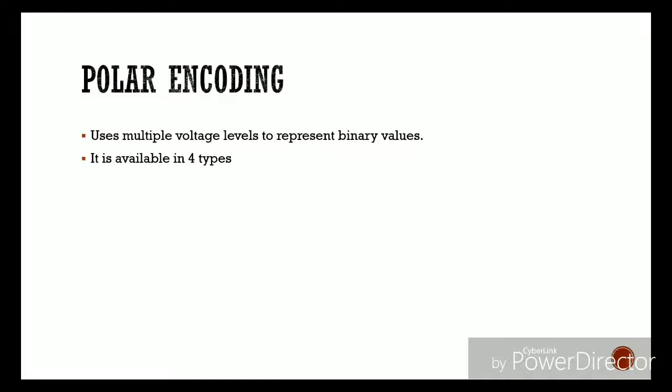Polar encoding. Polar encoding uses multiple voltage levels to represent binary values. Polar encoding is available in four types. First is polar non-return to zero, or NRZ.